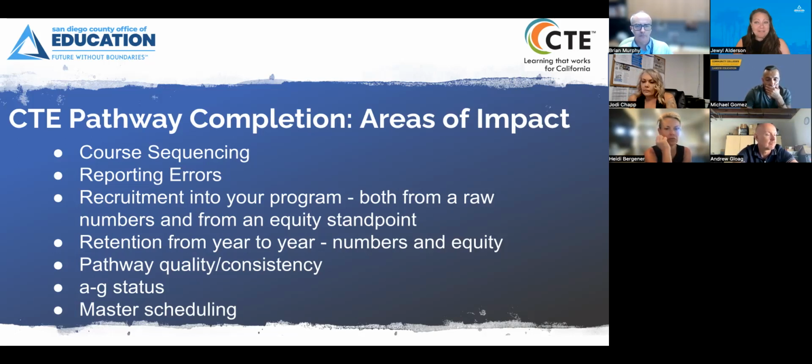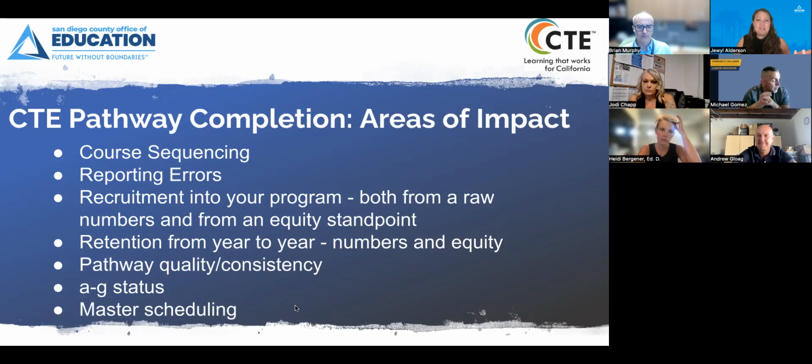No, they're not going to be great from the get-go. So it really does take that mentoring mindset rather than the boss mindset when you bring in a new CTE teacher. Are there things that you can do to increase that quality, that consistency from class to class and improve instruction? Again, A through G status.